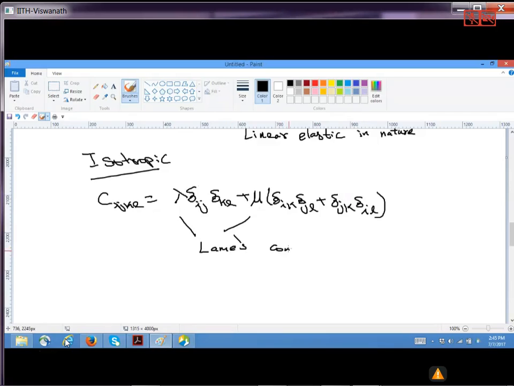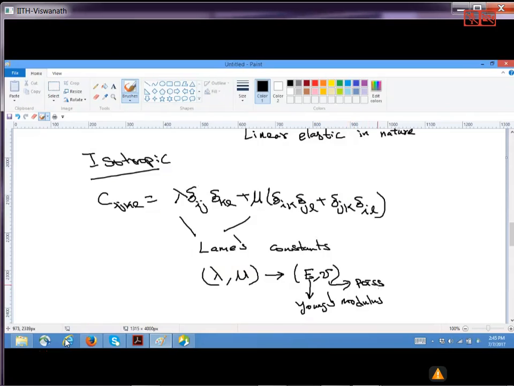So there are two independent constants, lambda and mu. Lambda and mu are dependent upon two independent constants, E and nu, where E is Young's modulus and nu is Poisson's ratio.